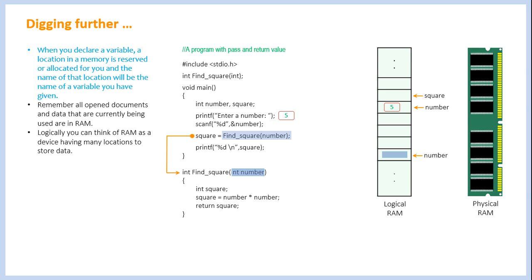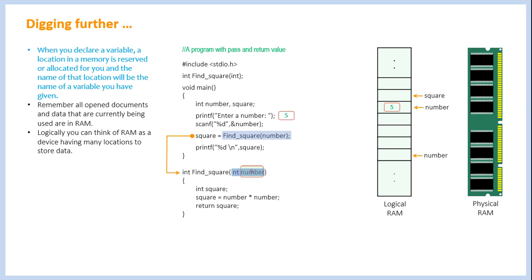Earlier we were saying when we pass a value from main to function, this happens. In fact, what really happens when you pass a value from main to function is the value from the location pointed to by variable number of main goes to the location pointed to by variable number of the function.